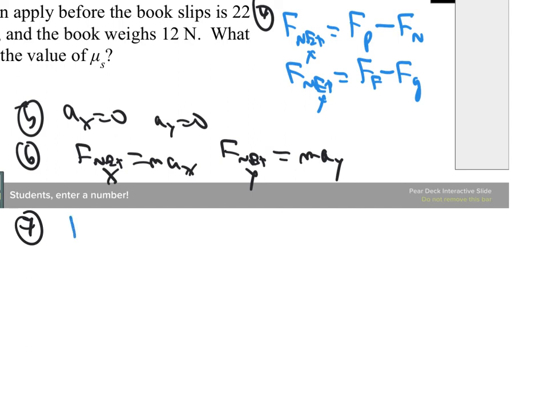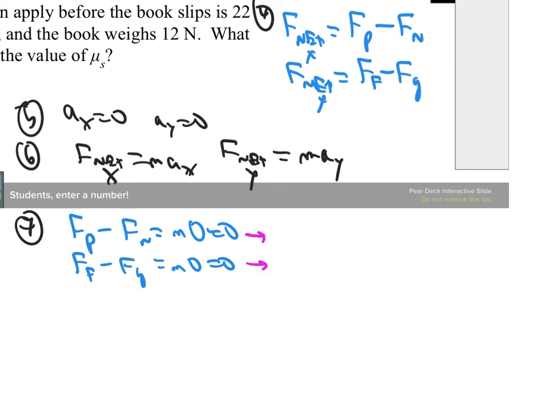So we have Fp minus Fn equals m times 0, or 0. And Ff minus Fg equals m times 0, which is 0. This tells us that Fn is Fp and Ff is Fg. And you might not have needed all 7 steps to get here, but that's where we are. You could have seen that ahead of time and simplified it.